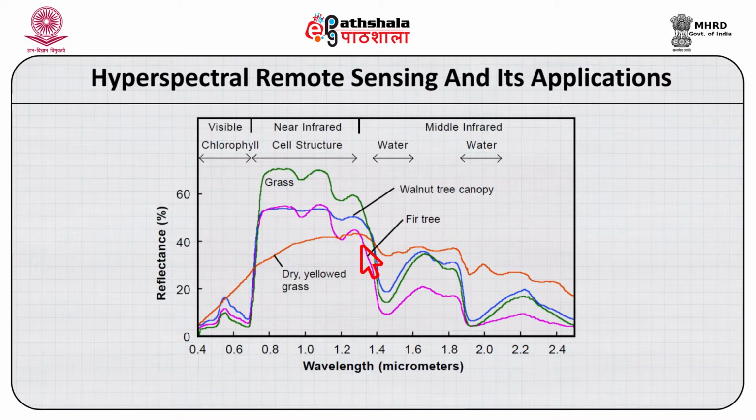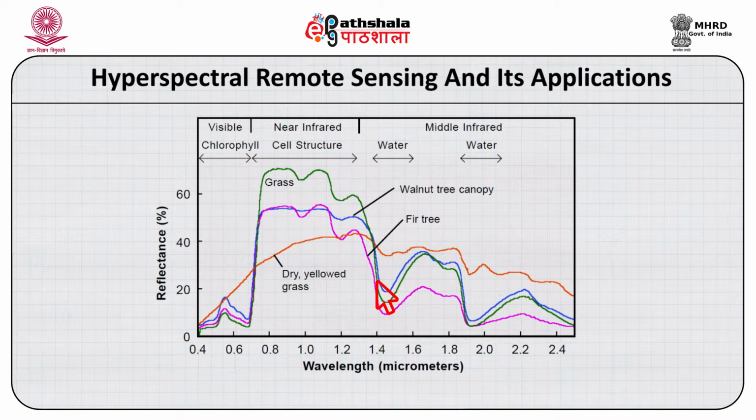If you see the fir tree and walnut, in the infrared region there is very clear-cut differentiation. But if you go to 1.4 micrometer, the separability is less.